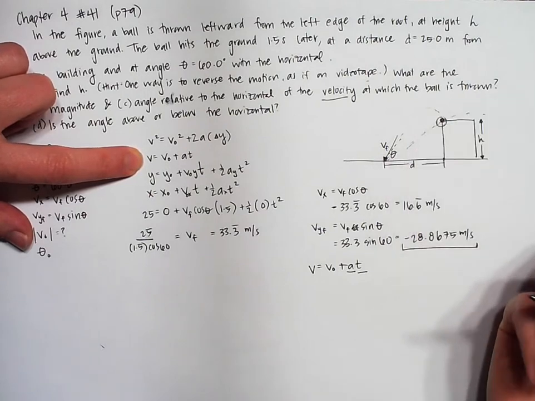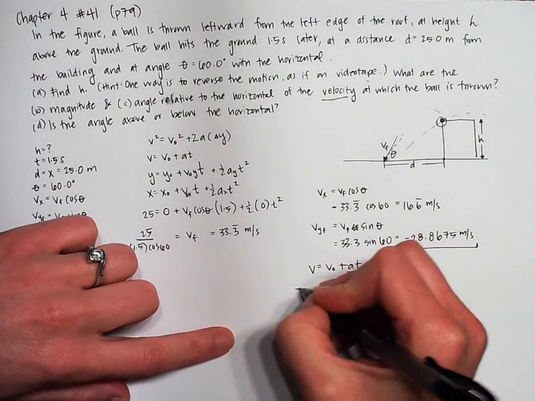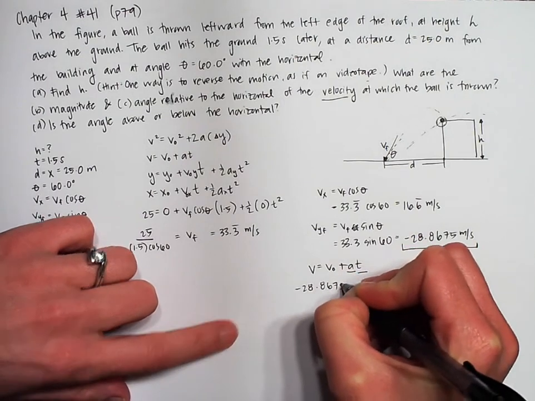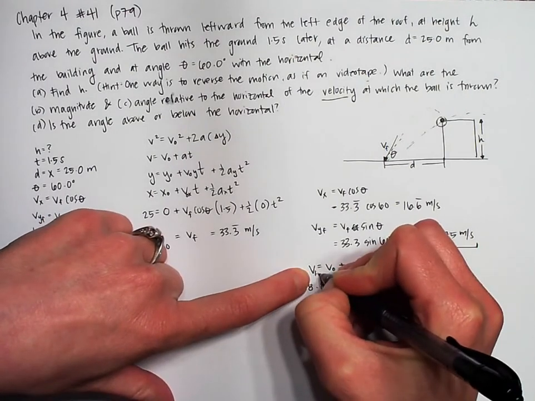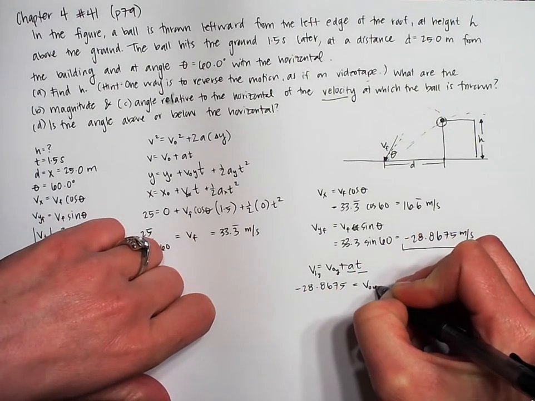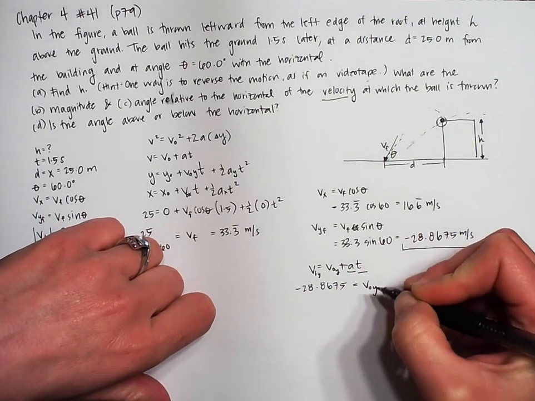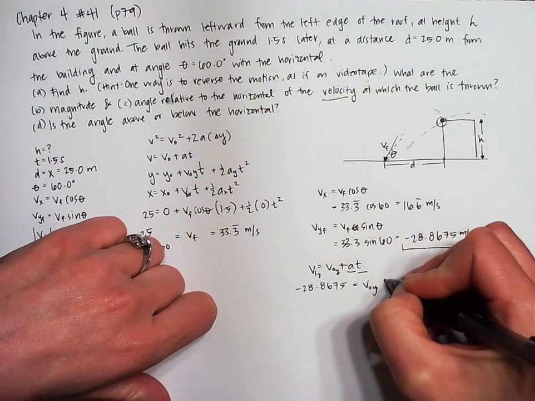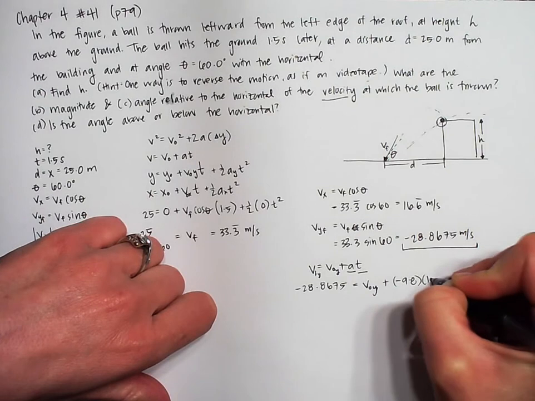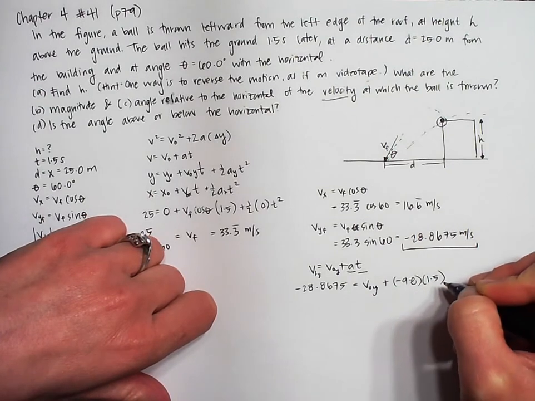initial y velocity is. So I have negative 28.8675, that's my final y velocity, equals v initial y plus negative 9.8 times my time of 1.5 seconds.